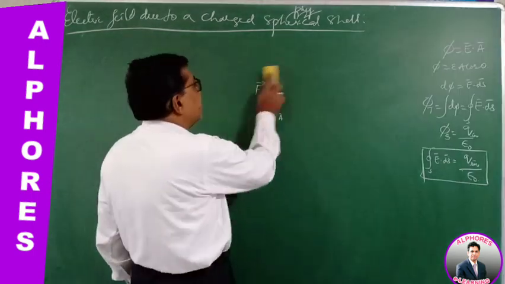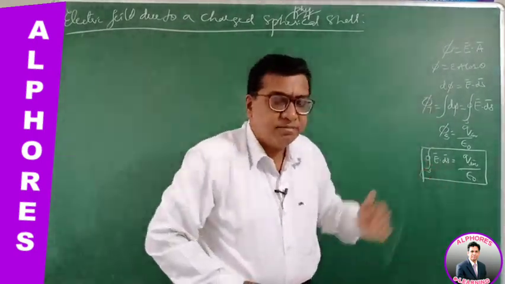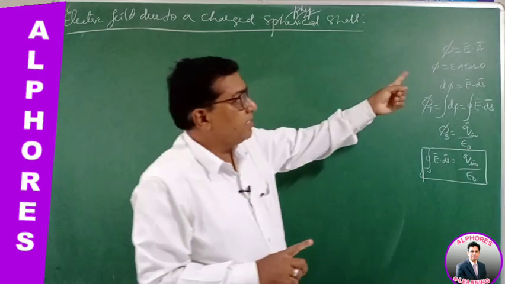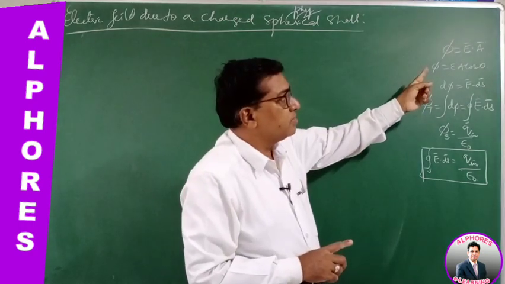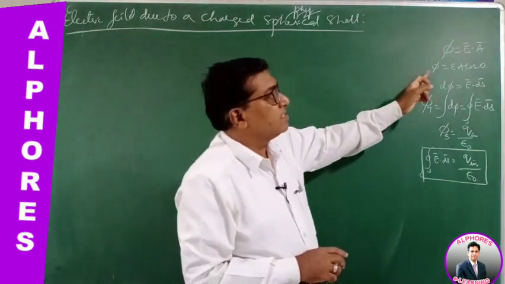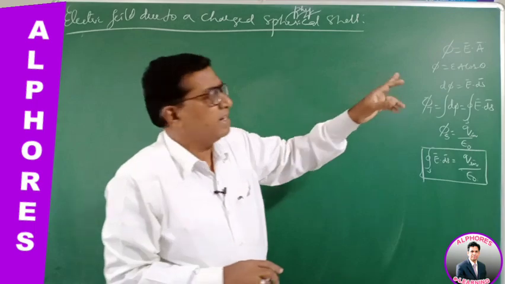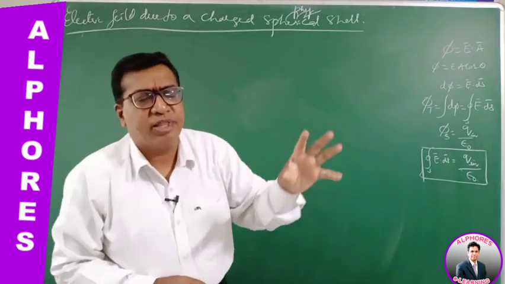These are the things required for the derivation. Flux is E dot A, a measure of the number of lines of force. E is electric flux density or electric field intensity. Flux is E dot A, EA cos theta. For a uniform field, you can simply write it as EA cos theta because E is the same at all points in the field.